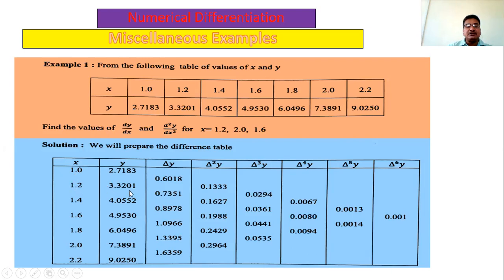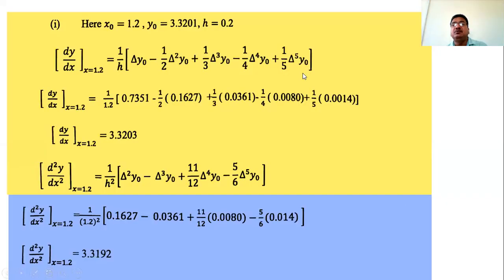Instead of 1.0, we consider 1.2 as the first value, and so this becomes y naught, this becomes delta y naught, this becomes delta square y naught, this becomes delta cube y naught, this is delta raised to 4 y naught, and this is delta raised to 5 y naught. So we have to write the formula up to delta raised to 5 y naught, considering 1.2 as the first point.